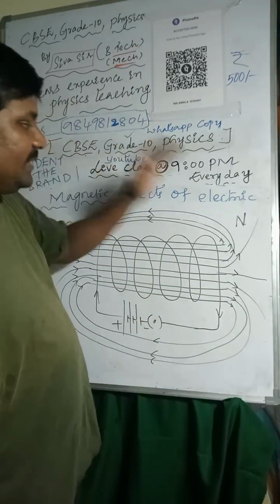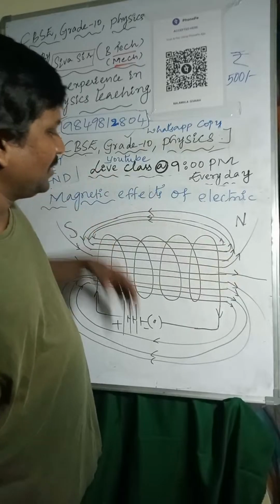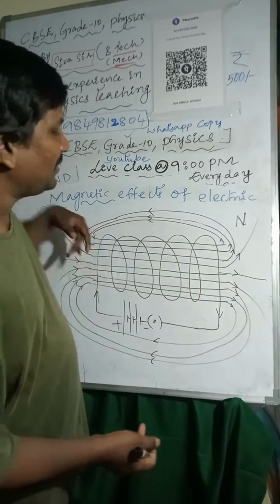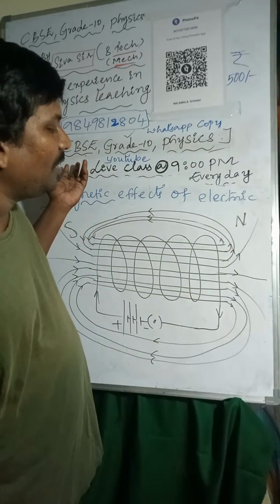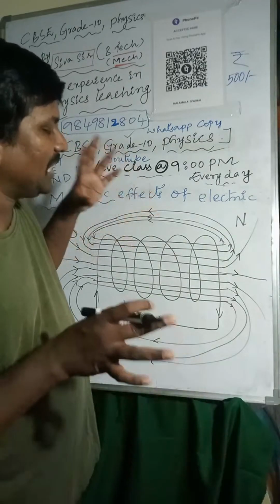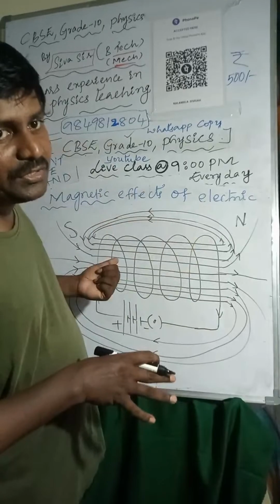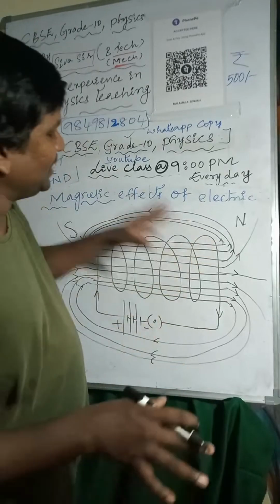Here is the north pole, here is the south pole. Magnetic field lines start from the north, reaching to the south.